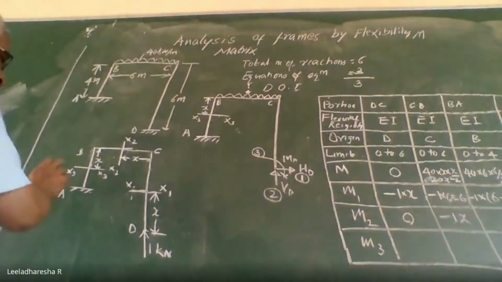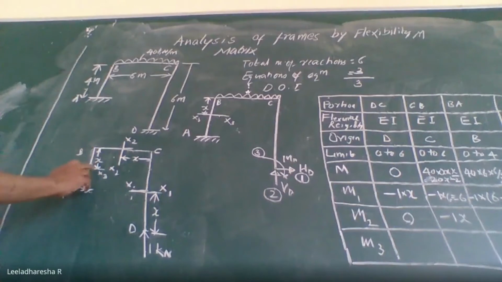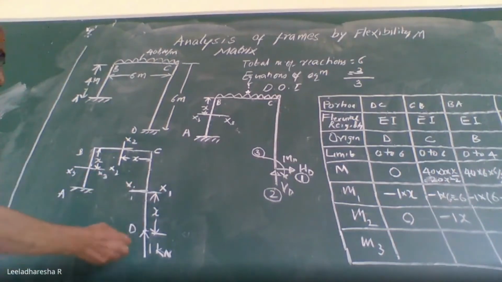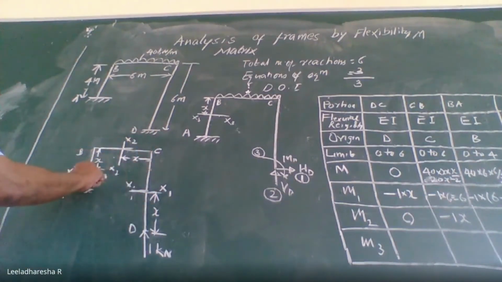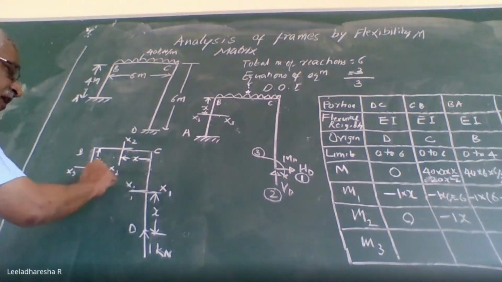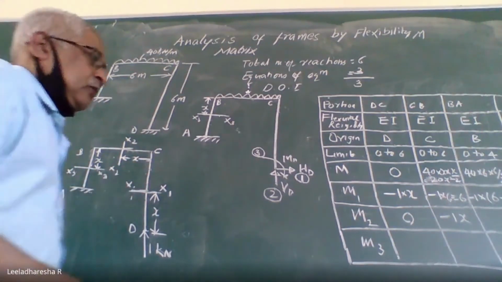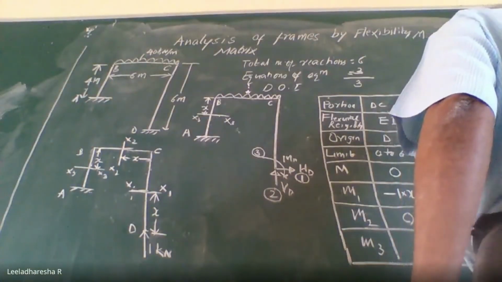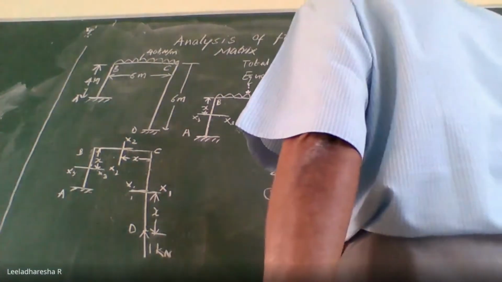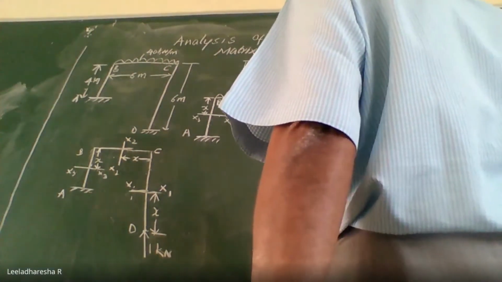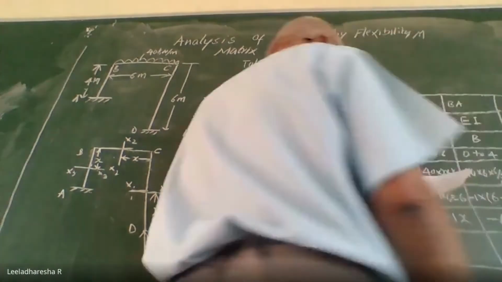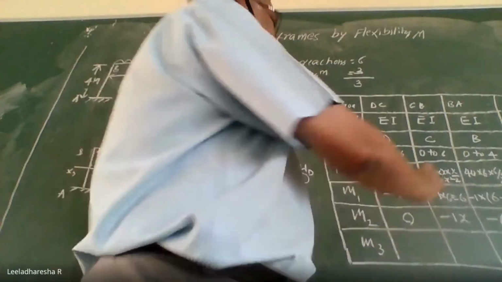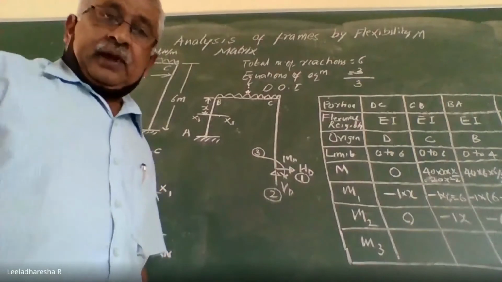Again you have a section x3 at a distance x from end B or origin B. Now take the moment due to 1 kilonewton force, force multiplied by perpendicular distance, that is 6 meters. So it will be minus 6. 1 into minus 6, you are going to get minus 6 kilonewton meter.